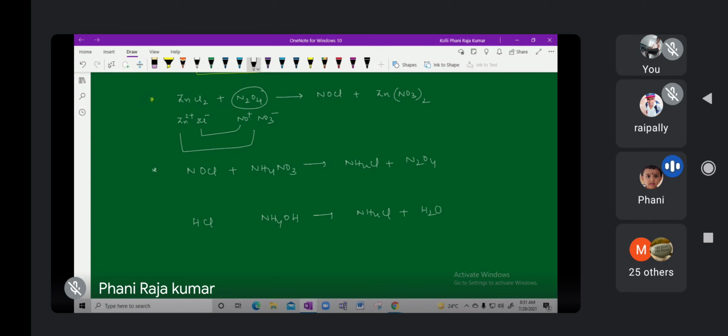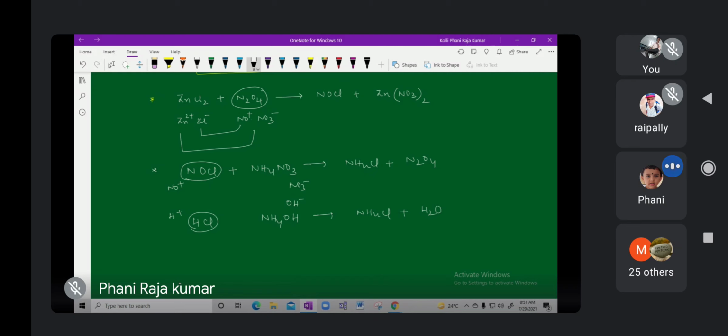The first reaction is non-aqueous solution. There is no water. So the first one is a non-aqueous reaction and the second one is an aqueous reaction. So HCl and NOCl: here H+, here NO+. In the second reaction OH minus, NO3 minus.